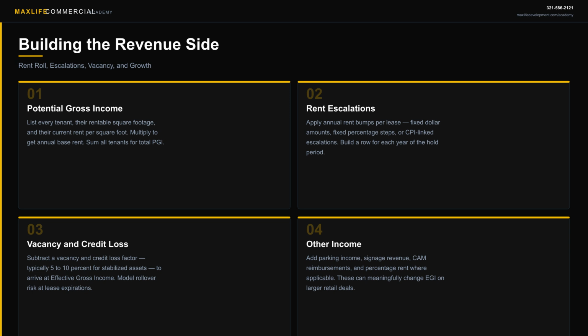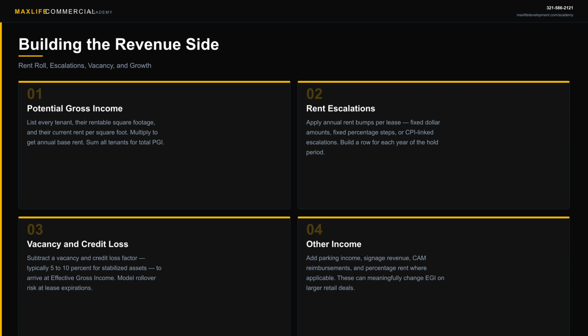Once you have PGI projected year by year, you apply your vacancy and credit loss assumption. This is a blended factor that accounts for the risk that some space will be vacant between tenants and some tenants will be slow to pay. For stabilized, well-leased assets, 5% is a reasonable starting point.